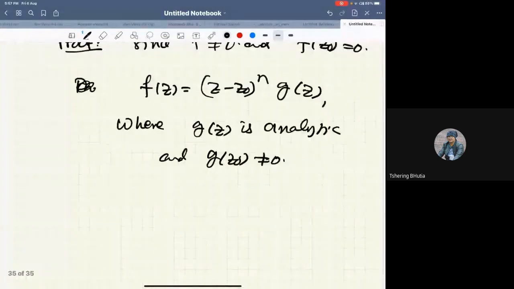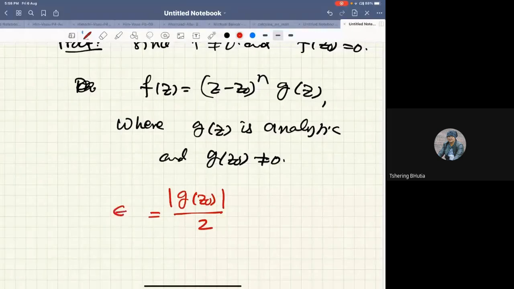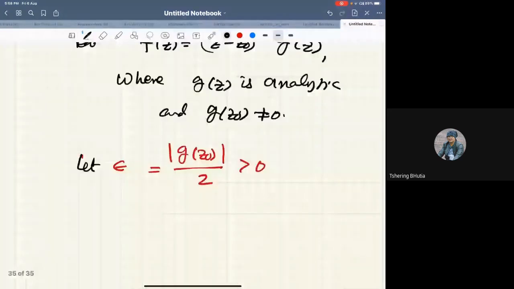Now, since g of z0 is not equal to 0, the modulus of g of z0 is greater than 0. So I will take this as my epsilon. Let epsilon be the modulus of g of z0 by 2. Now, g is an analytic function, in particular it is continuous at z equals z0.